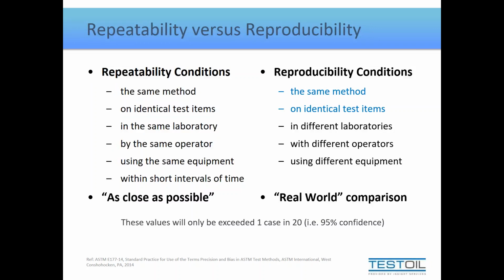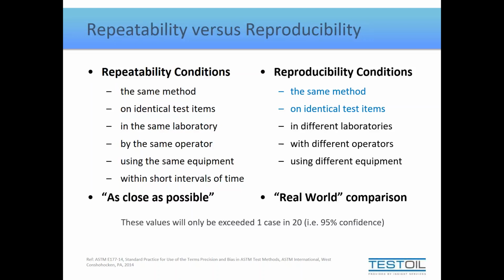Assuming there were no changes to that machine, no changes to that oil in that time frame, reproducibility would show you how close those 2 results could ever be to each other. And that's just assuming no change.